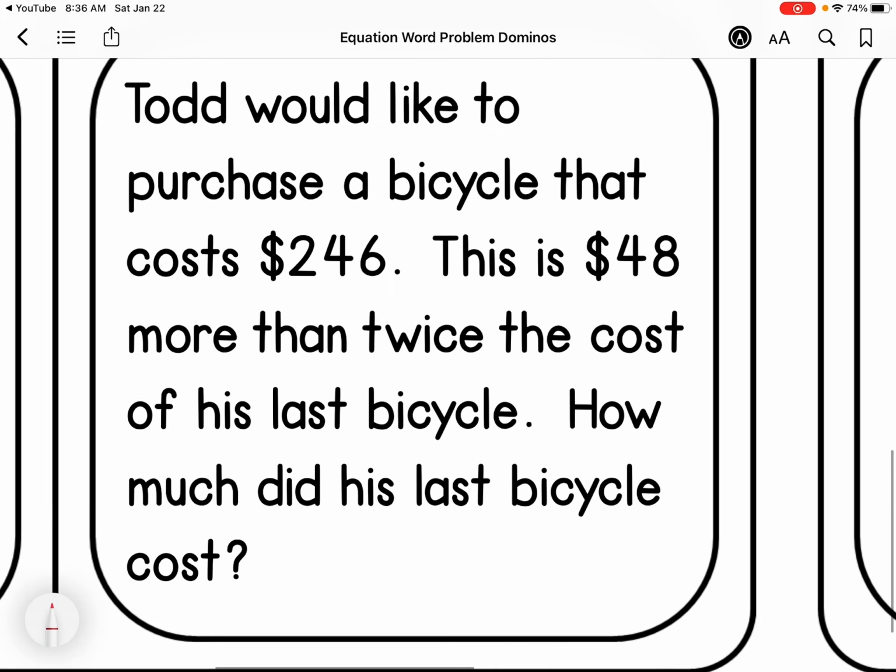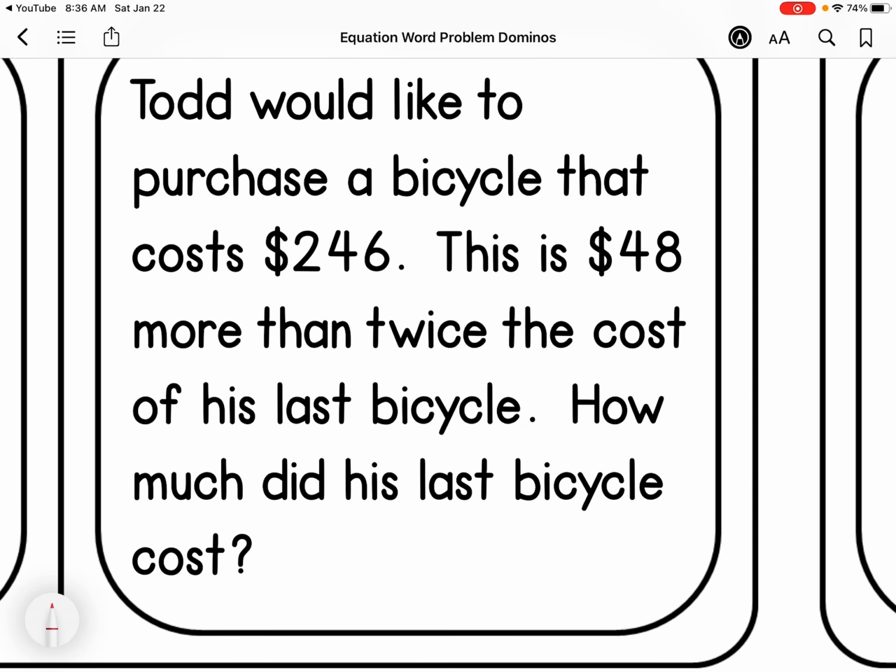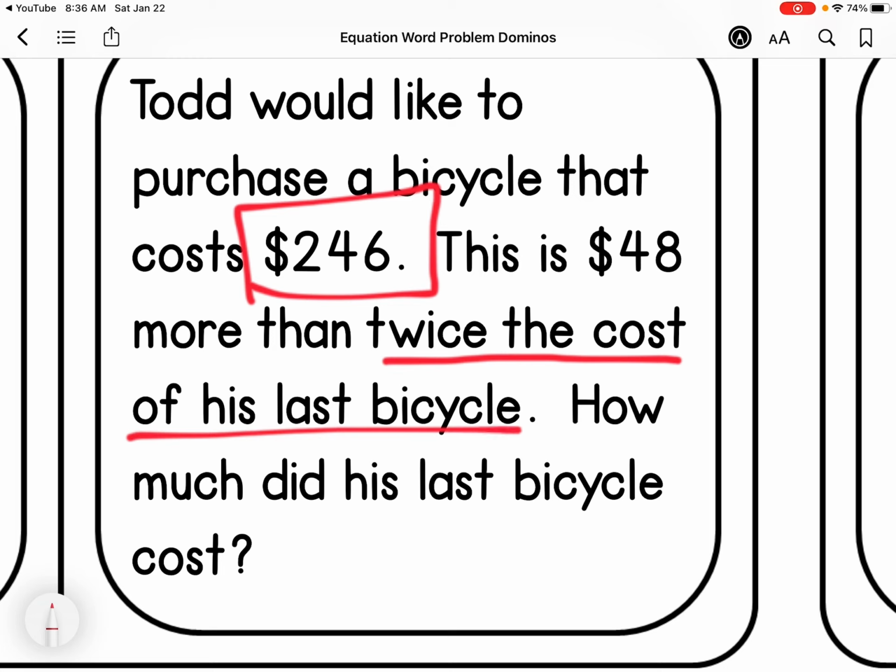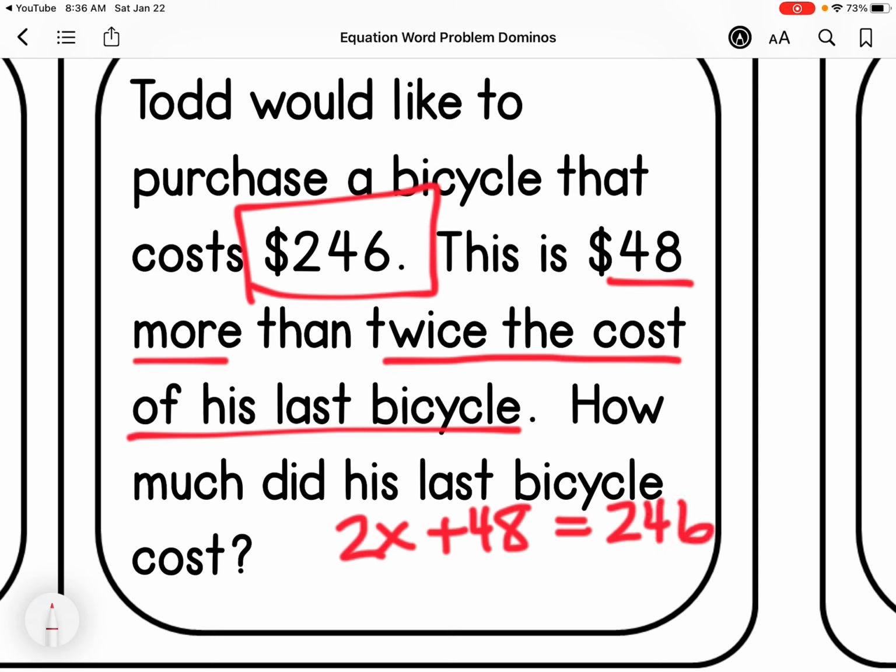Todd would like to purchase a bicycle that costs $246. That's my total. This is $48 more than twice the cost of his last bicycle. So twice the cost, that'd be 2x plus $48, because that's $48 more. And that's going to be equal to $246. How much did his last bicycle cost? So now I'm going to subtract 48.